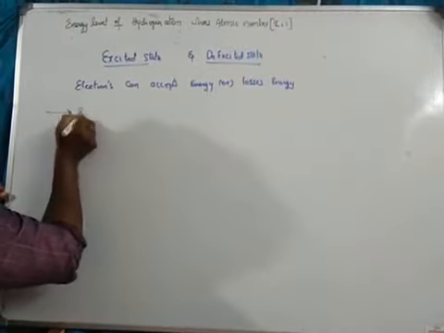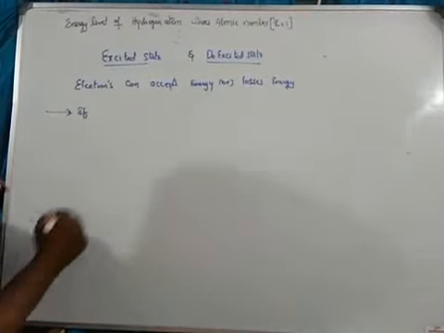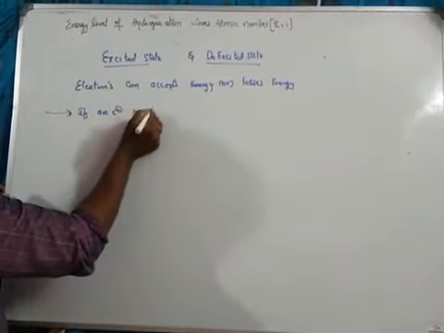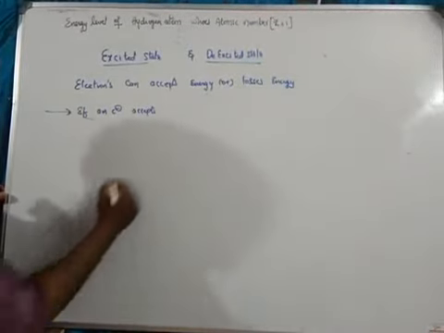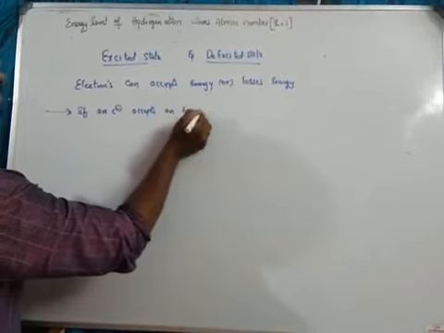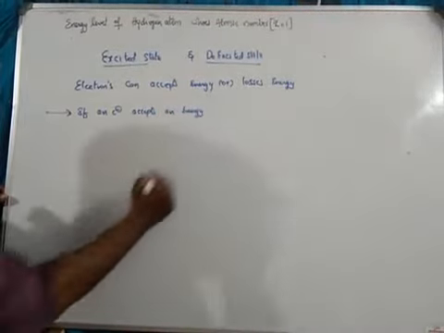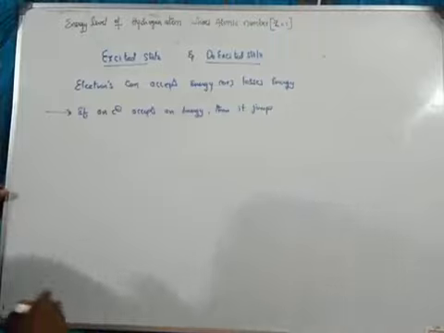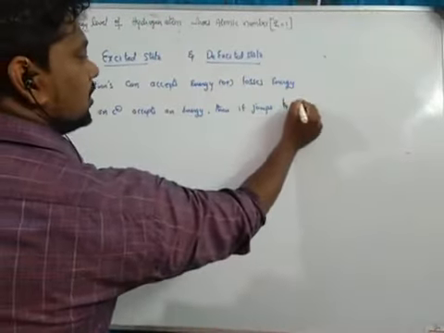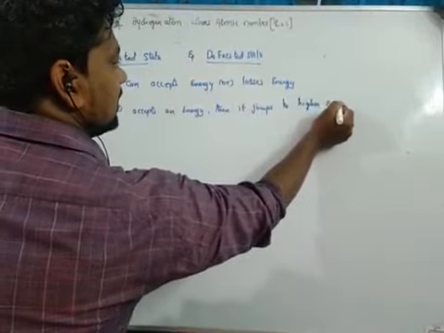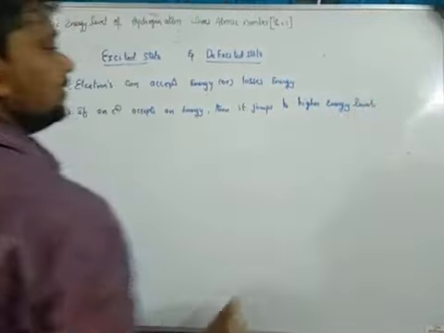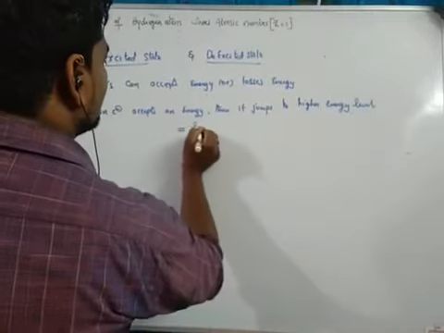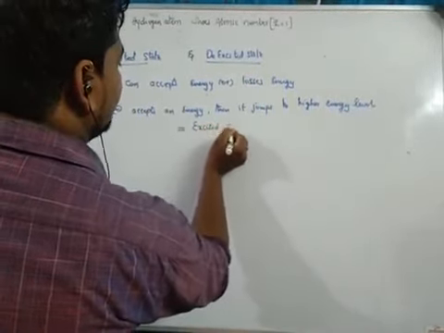Suppose an electron accepts an energy, then it jumps to a higher energy level, and this we call excited state.